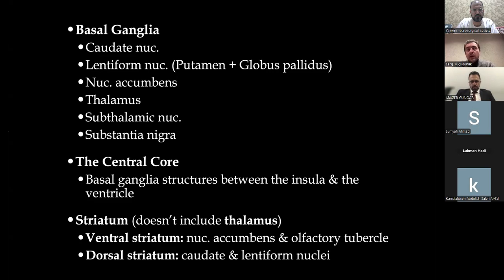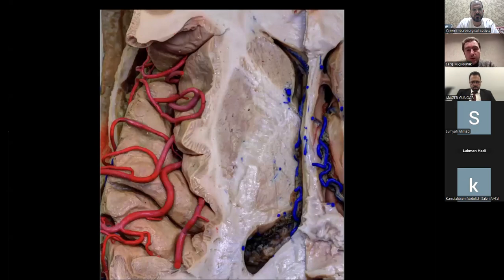It basically involves how the information from the neocortex comes to the basal ganglia, is structured, and then presented as output information to the thalamus. So striatum doesn't involve the thalamus, the central core doesn't involve the mesencephalic structures, but the basal ganglia is a more arguable term.